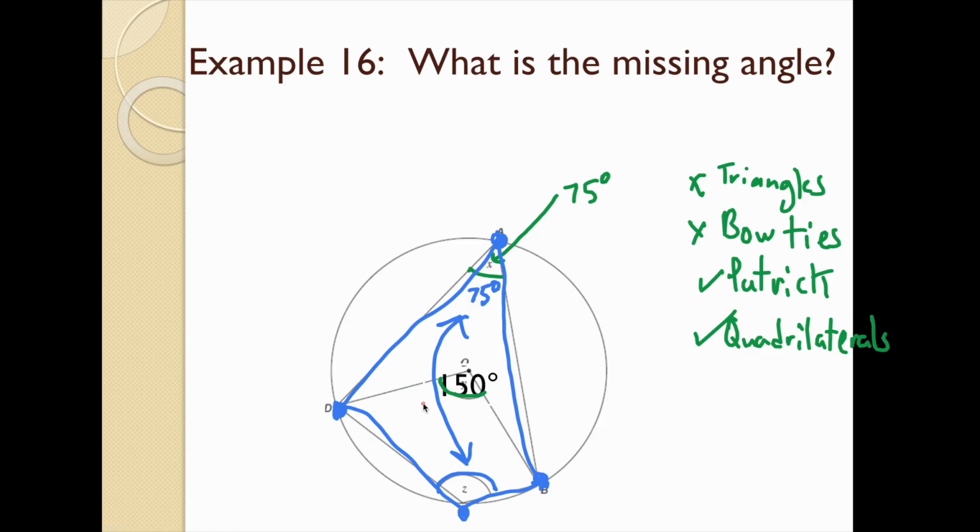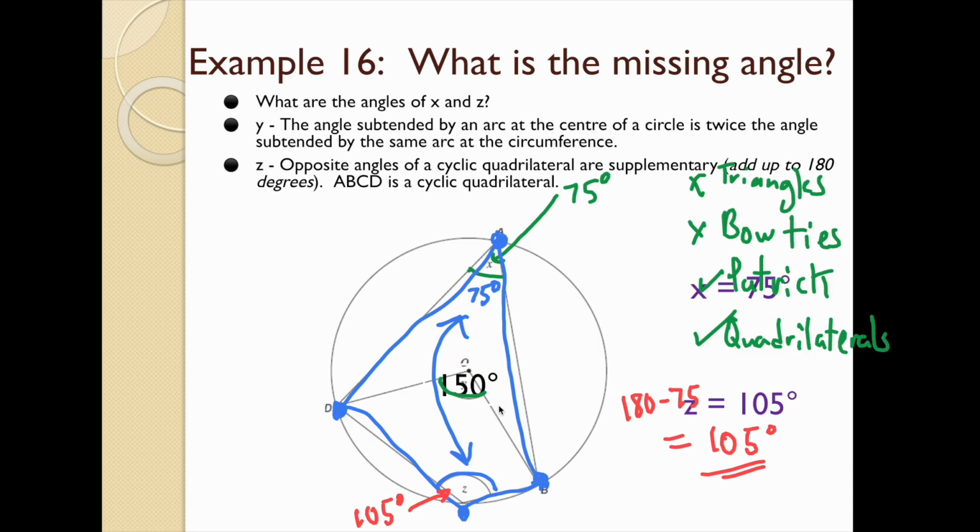So we subtract 75 from 180, and we get 105. Therefore, the angle here is 105. Remember, this part is a cyclic quadrilateral, but inside here we have a Patrick. And obviously, we will state our reasons why we know these are the answers.